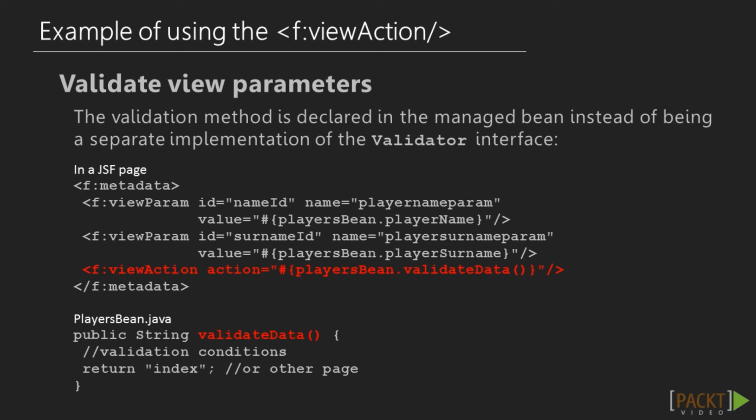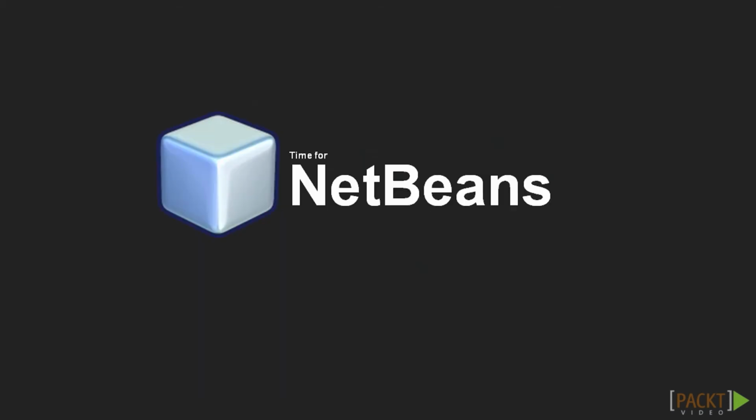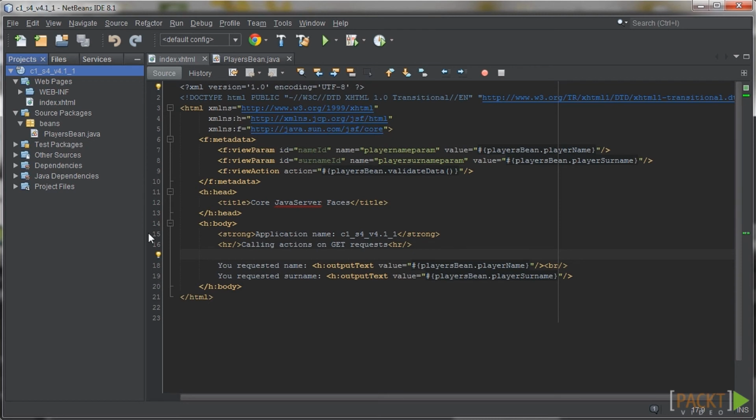They work very well together, but they don't depend on each other. In other words, the view actions can be placed into a view metadata facet that doesn't contain view parameters, and vice versa. Okay, so let's see this example in a sample application.